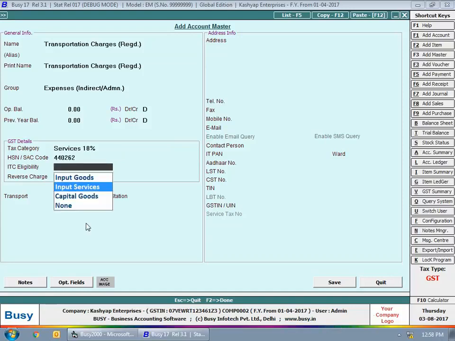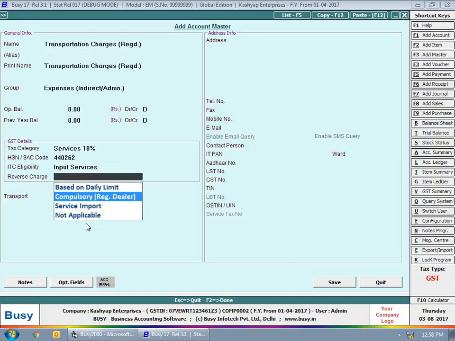You will get the ITC claim for such services and reverse charge compulsory registered dealer. It is compulsory to deposit RCM when you have made expenses under these accounts. There is no minimum daily limit for these accounts, that is, even if you have paid transportation service charges less than 5,000 rupees, then also that service is liable for RCM.